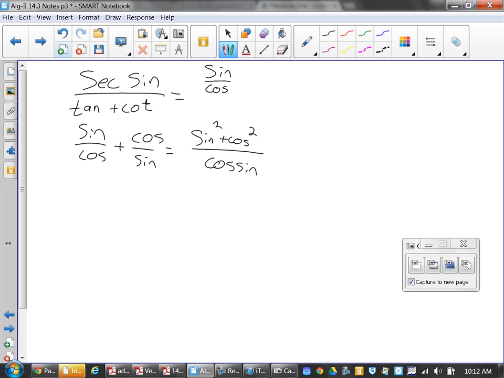When you flip it, this becomes 1. So you have sine over cosine times the reciprocal, cosine sine over 1, which gives sine squared, and I think it asked you to show that it was sine squared.